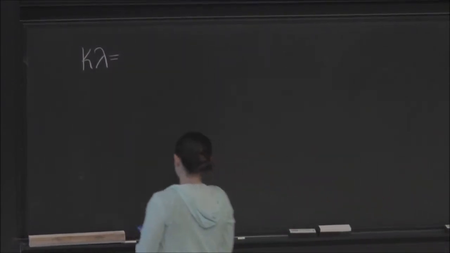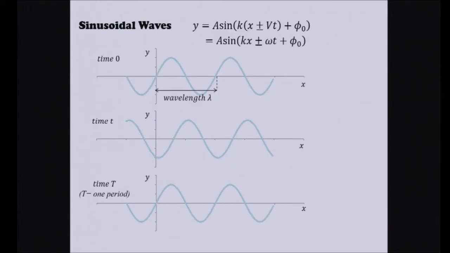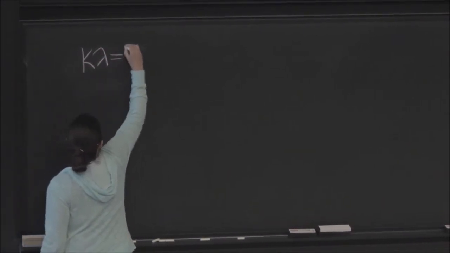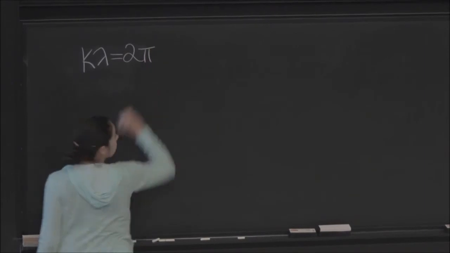So if we know that this function when x equals some x naught plus lambda, we shift it over by some lambda, in order for this thing to repeat itself, we must get that k times lambda has to equal 2 pi.